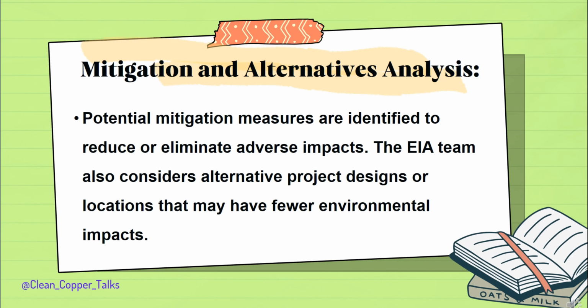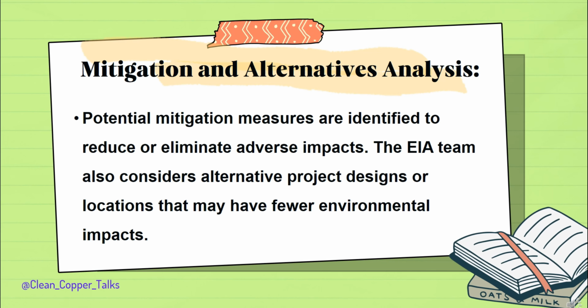Now, mitigation and alternative analysis. When you find that there are negative impacts of a proposed project, then mitigation options and alternatives are suggested for those points, and accordingly the processes or steps in the proposed project need to be changed so that the negative impacts are mitigated.